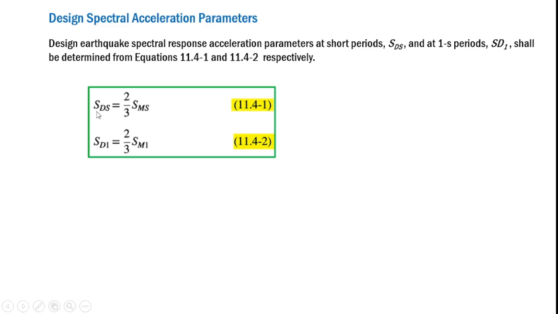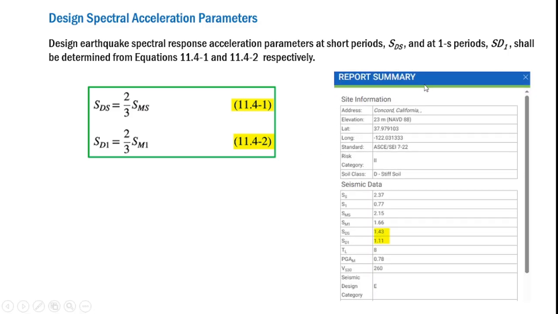For example, from SMS, how to obtain SDS. SDS, the spectral acceleration corresponding to the design earthquake, is taken as 2/3 of SMS, anchored at a short period, and then the design spectral acceleration parameter SD1, anchored at 1 second period, is equal to 2/3 of SM1.